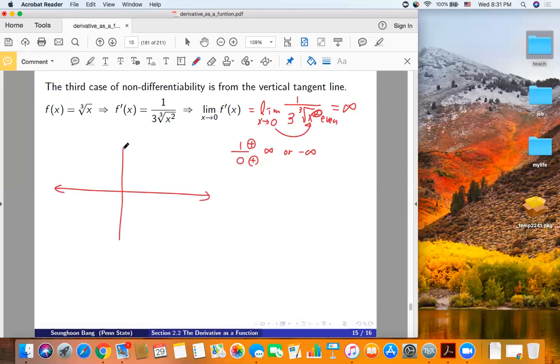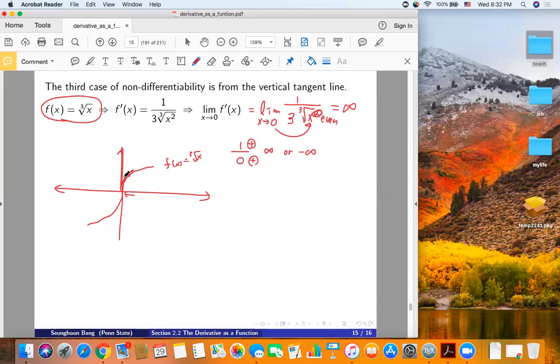You can draw f of x equals cube root of x. The graph is like this. This is f of x equals the cube root of x. You can choose this point, and this is a tangent line. What happens as the x value approaches 0? What happens to the tangent line?